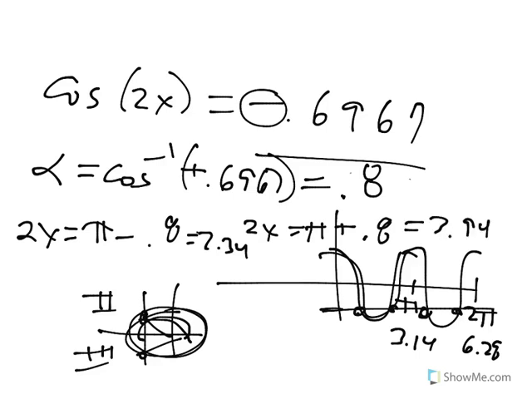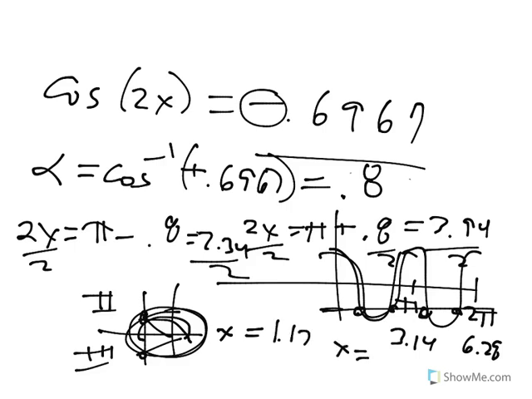Now we're not done yet because that's 2x, so I have to divide both sides by 2. Whoops. And we get our two initial answers of 1.17 and 3.94 divided by 2, which is 1.97. So that's these two answers.